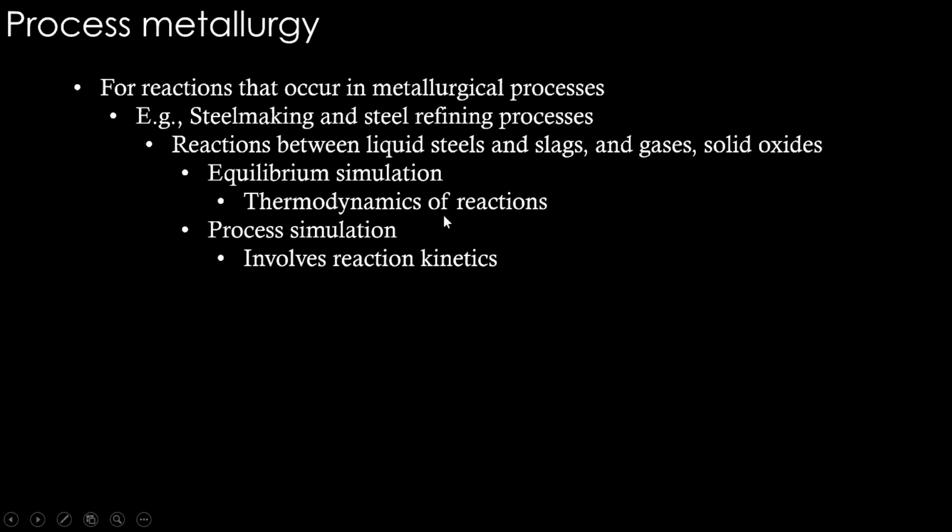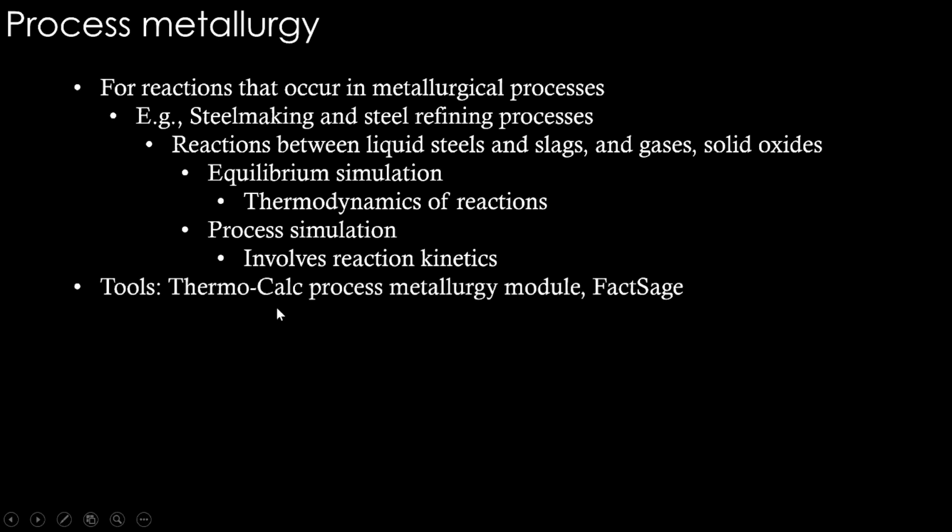This thermodynamics is applied for reactions of these different things, rather than for the transformations that we focused mostly on in this particular course. The tools to do that are the Thermo-Calc process metallurgy module, and more importantly FactSage. This software is more customized for handling this reaction thermodynamics.